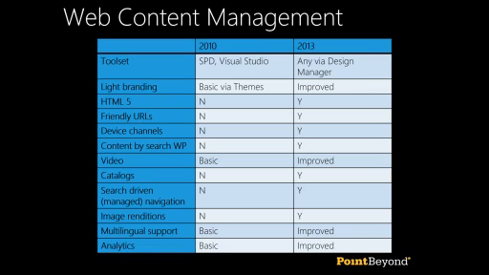We've got some really nice video handling as well. That's been significantly improved, and Simon obviously showed that earlier. One of the things that's really quite clever as well is catalogs. So you can define a list as a catalog, and if you want to then start perhaps on the public-facing website where you've got products, and you want to be able to allow people to search for your products by different pieces of metadata, and have search-driven navigation within that as well, there's some really nice functionality for doing that.